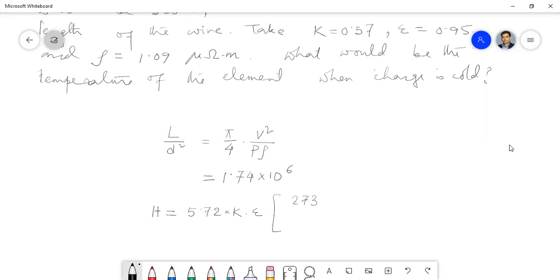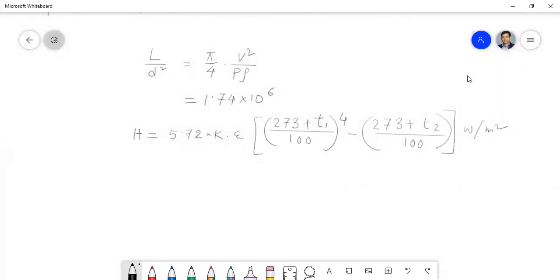So it will be 273 plus the temperature, because it should be in Kelvin. So all these values are given in the problem. You just have to find this.